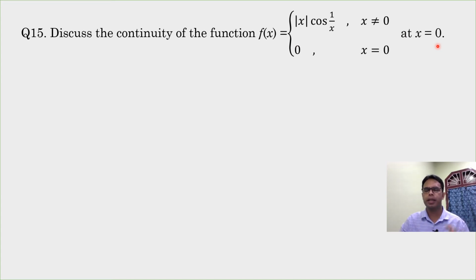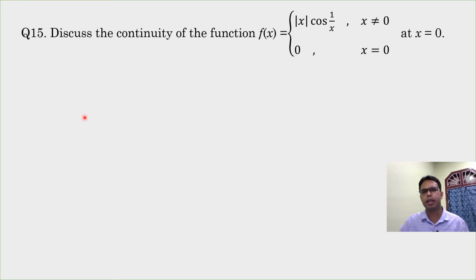The process is the same as the previous problem we already did, I think in class number 2, that is L2. You may check that question also; the process is the same, just slightly different from that problem. It is mod x, and that was not mod x, that was only simple x.